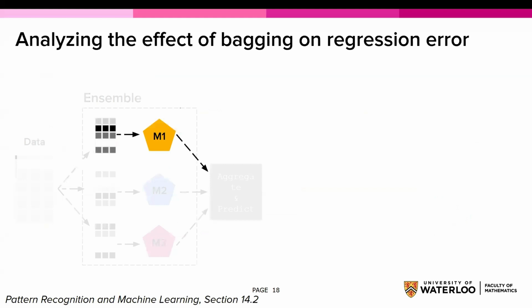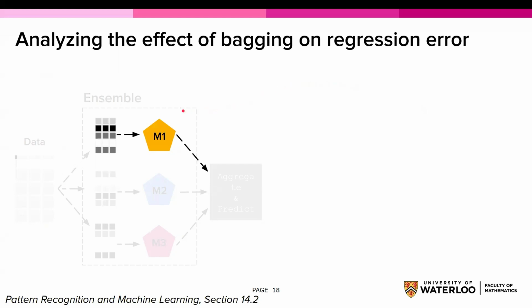So how well does bagging work? One valuable comparison point would be the error of a single bootstrap model compared to that of the full ensemble. The derivation of this can be found in section 14.2 of the Pattern Recognition and Machine Learning text. Let's start by analyzing the error of a single model.